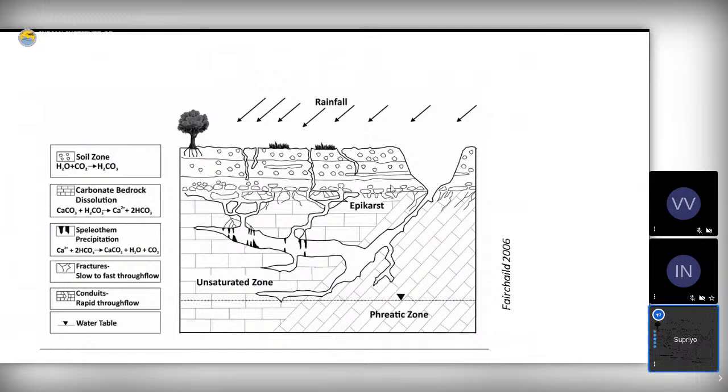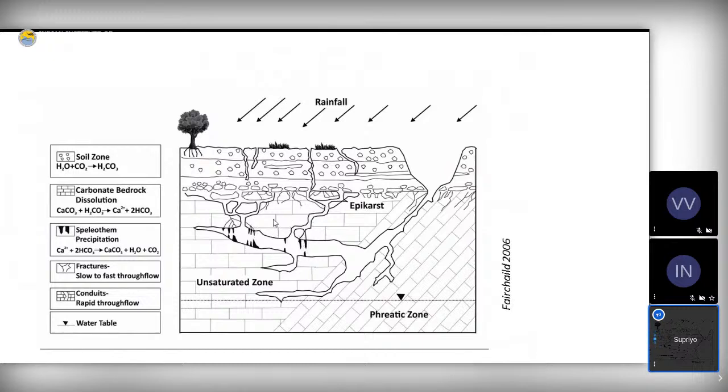And the CO2 concentration in this soil is very high, almost 1 to 2 orders of magnitude higher than the atmospheric CO2 concentration. So when water percolates through this, it gets slightly acidic, and then this acid reacts with the bedrock in this region.